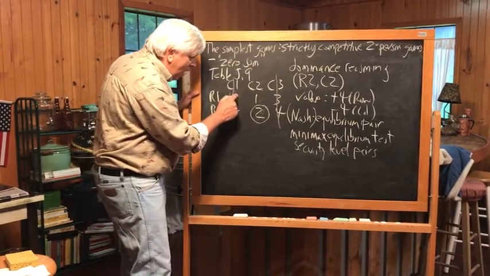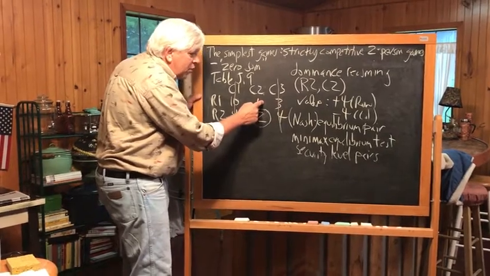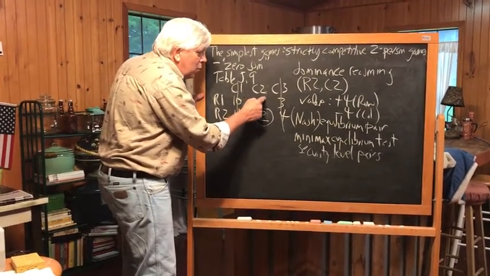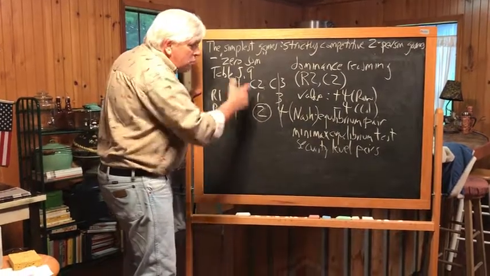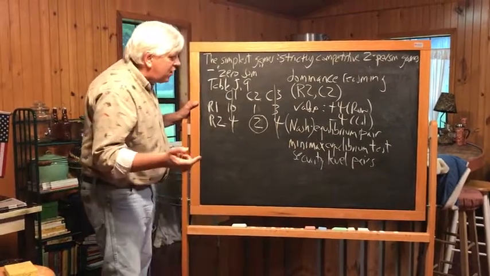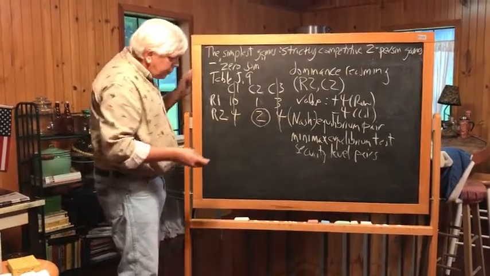This point is not the minimum value for Rho, or consider this one. This point is the minimum value for Rho in C2, but it's not the maximum value for Column. So none of these other points passes this Minimax equilibrium test. Only this particular point does.